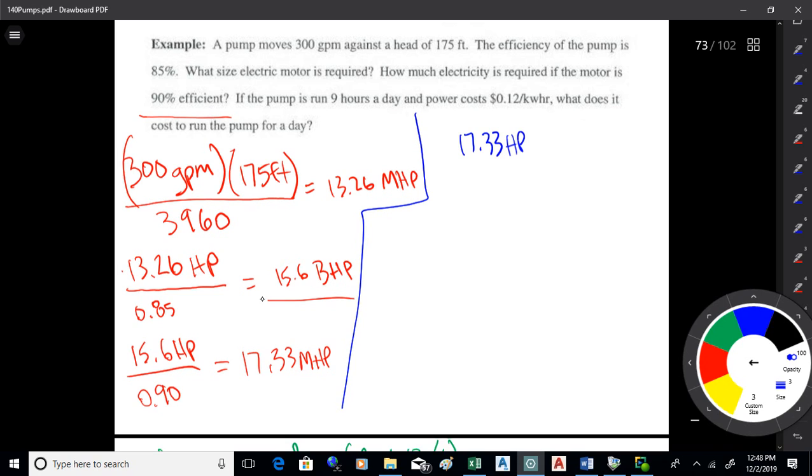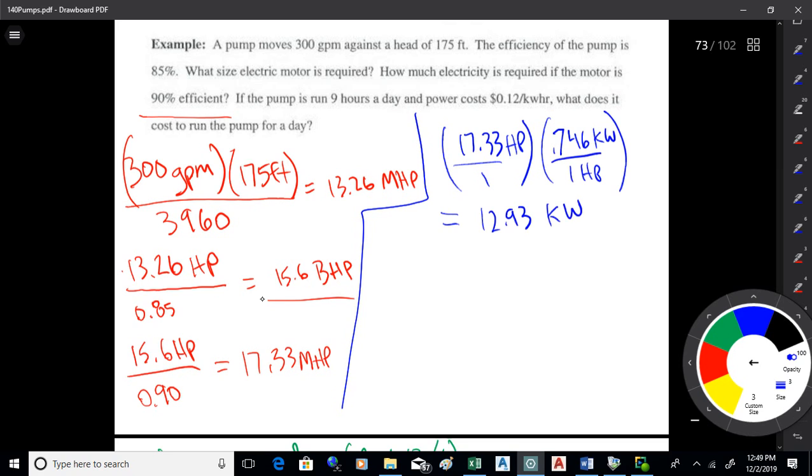And I know that I've got 0.746 kilowatts per horsepower. So what that's going to get me is 12.93 kilowatts. So that's the power in metric units. That's how the power company wants to sell it. That's how they measure it.